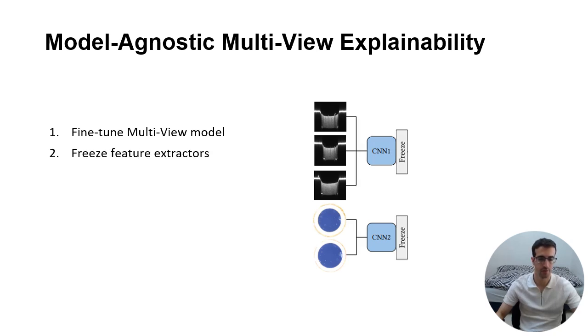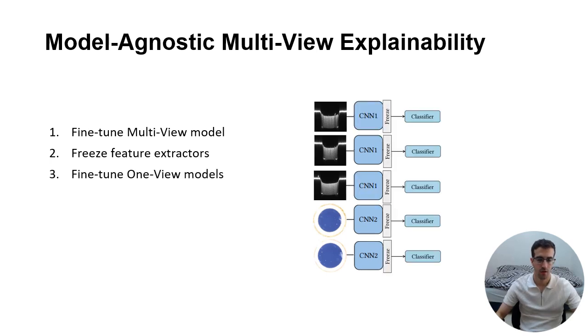Then, after we fine-tuned, in this case, both of the CNNs, each on different views, we freeze the weights of the CNNs in each subgroup. We duplicate the frozen CNN for each view and each subgroup and concatenate a classifier. Then we fine-tune the resulting one-view models.